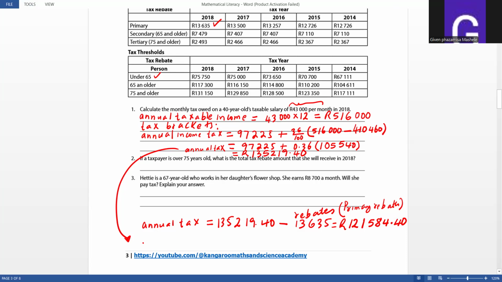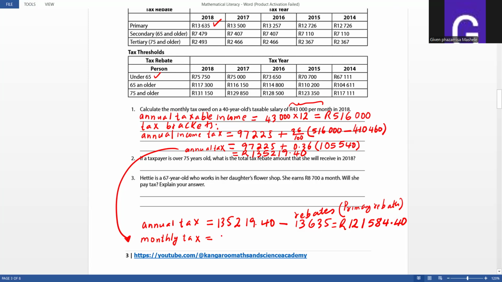But now we want the monthly tax. To calculate the monthly tax, we take the annual tax, because this one's for a year, and we divide by 12.